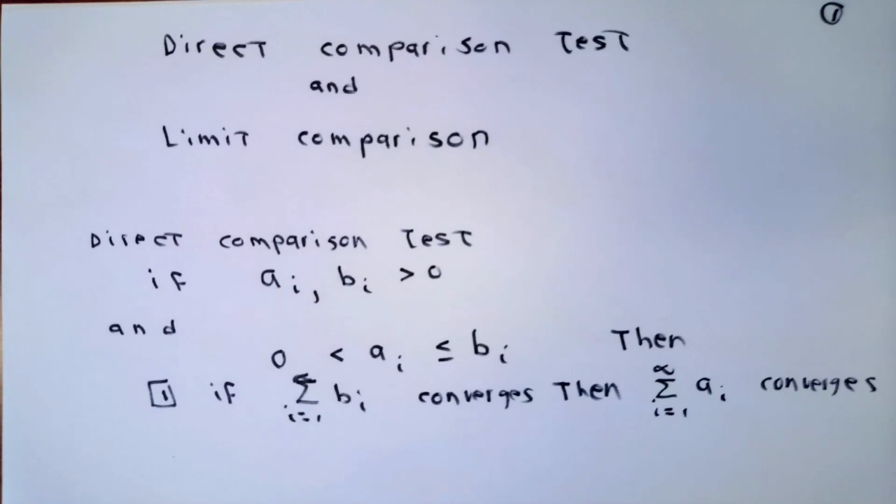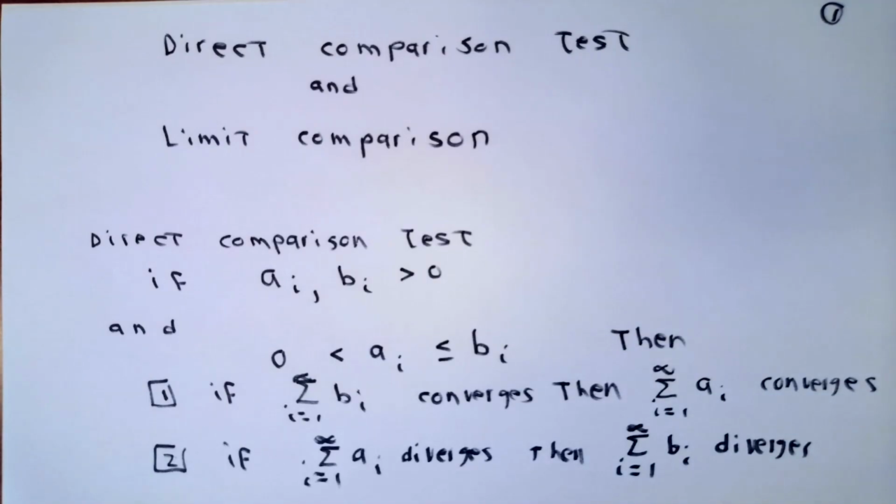There's an equivalent statement that we can get based on the contrapositive for free. The contrapositive is: if the sum of the a_i fails to converge, if the sum of the a_i diverges, then it's untrue that the sum of the b_i converges.